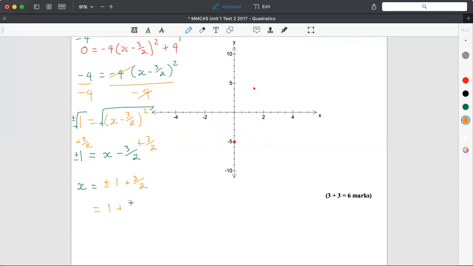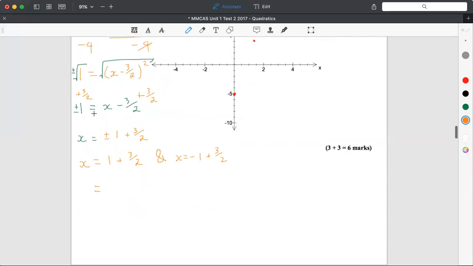And the other is minus 1 plus 3/2. Well, 1 plus 3/2 is 1 plus 1.5, which must be 2.5. So that's 5/2. And -1 plus 1.5: if I'm at -1 and I add 1.5, it's going to give me 0.5. So that's going to be 1/2.